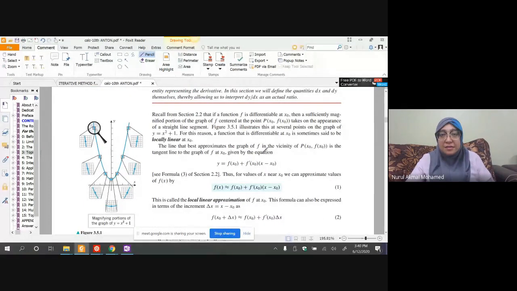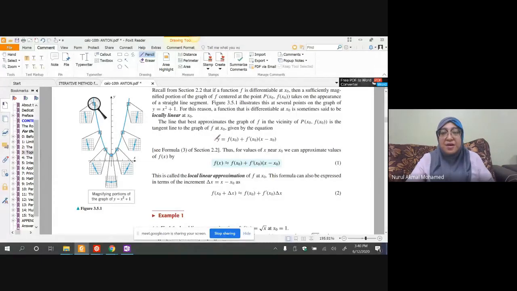Okay, here you have y is equal to f of x naught plus f prime of x naught multiplied with x minus x naught. So this is actually from the equation of the line. So we know that from the equation of the line, we have y minus y naught divided by x minus x naught is equal to m.